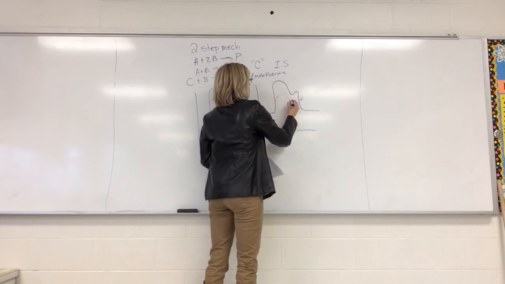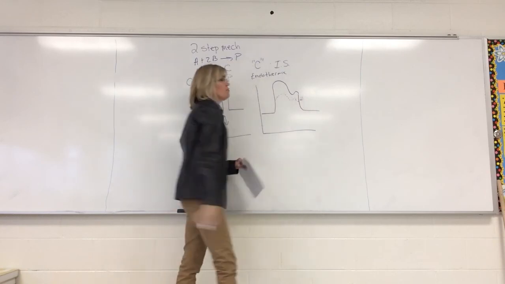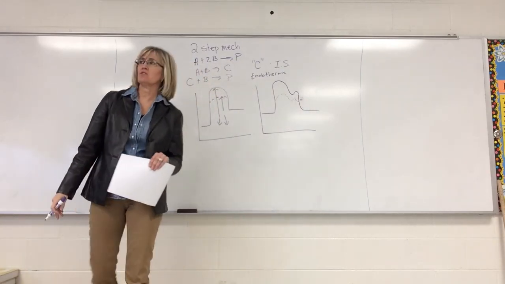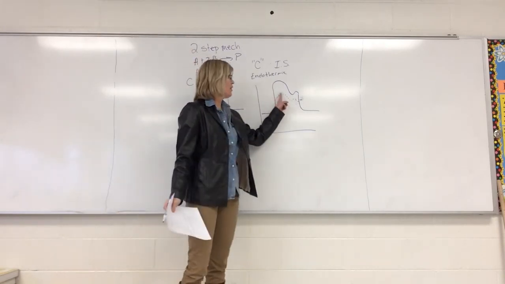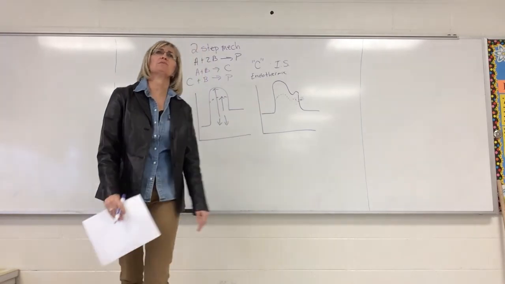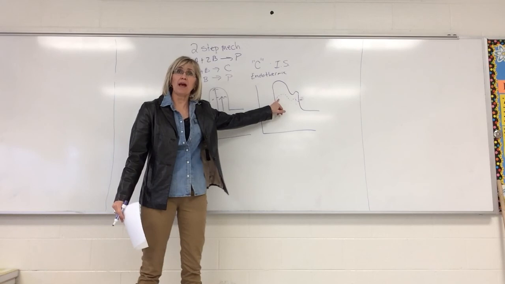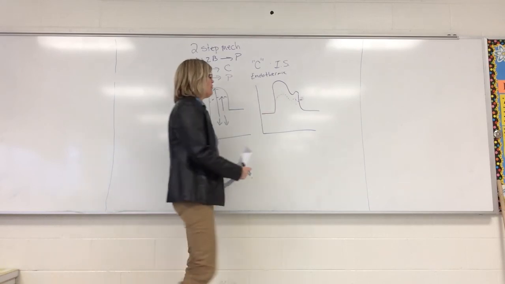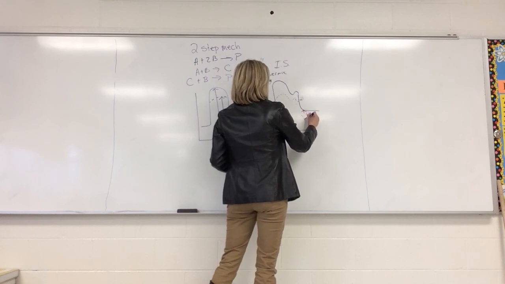The catalyst, all right, would just lower the activation energy. Still be two steps, still have an intermediate species, but it would be a different route. It would form a different intermediate species, all right? So a catalyst provides a different pathway. However, the end result is that it has no effect on the delta H.